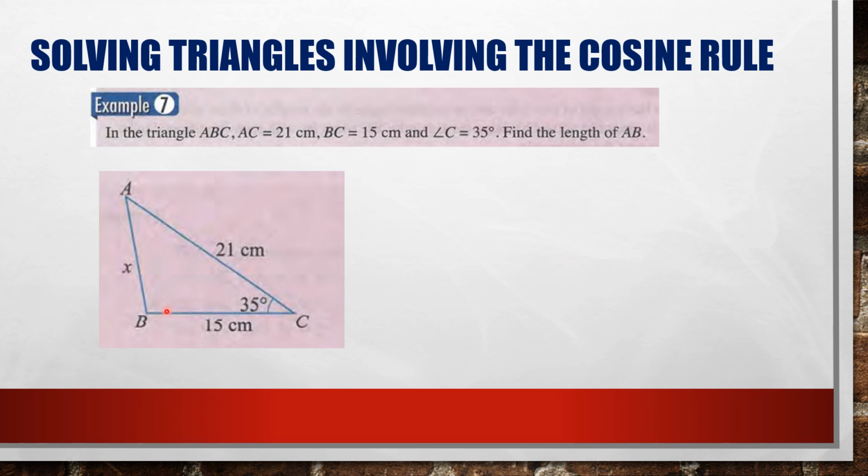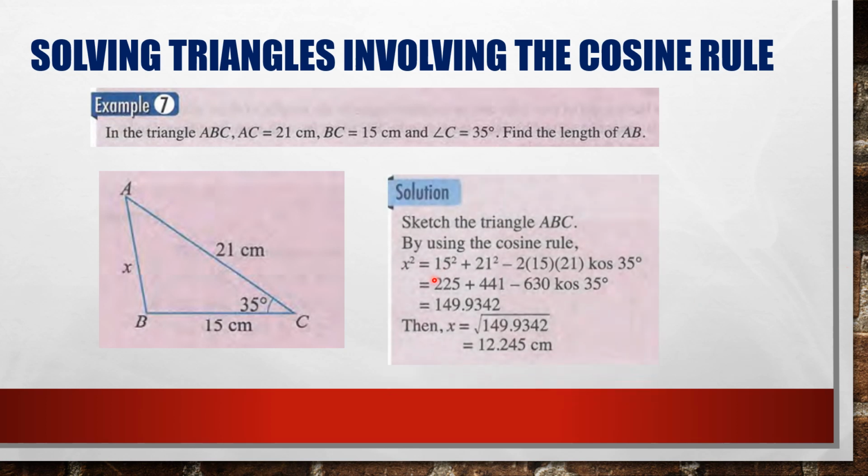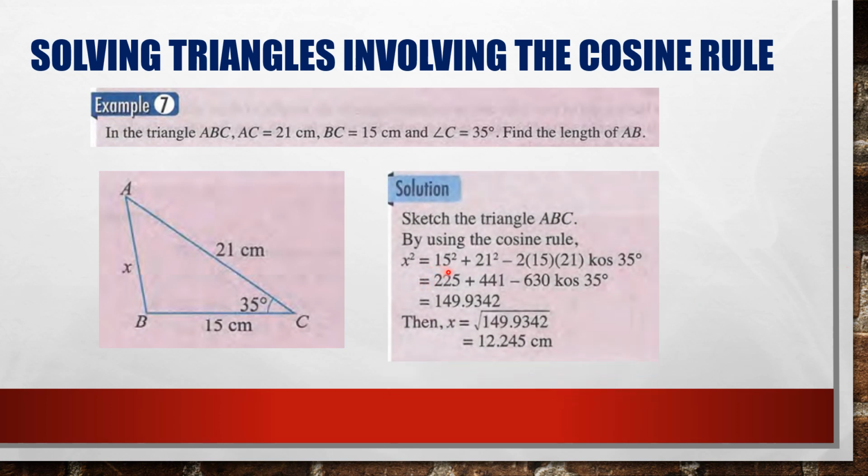How do we find the length AB? We label AB as x. AB is the opposite side of angle 35, so you can use the cosine rule. This x square will be equal to 15 square plus 21 square minus 2 times 15 times 21 times cos 35.